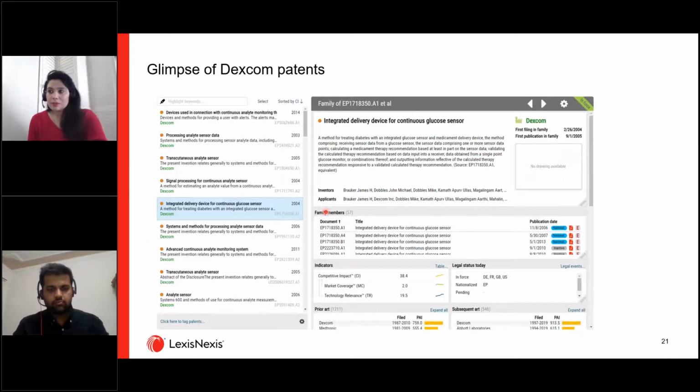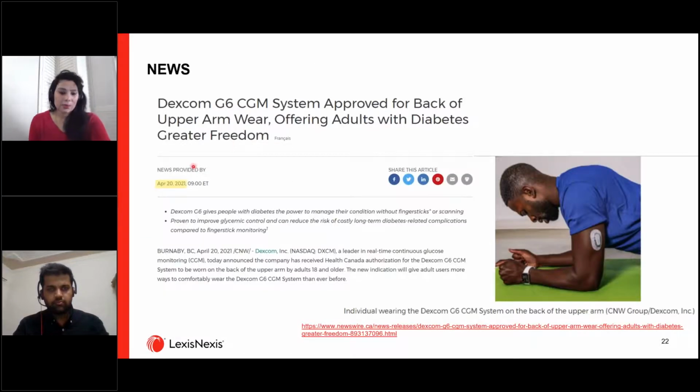When we look into the news, this is again 2021 news. Dexcom has got approval to bring this patch that can be worn on the upper arm for the assessment of glycemic control. So no more finger pricking to check your glucose level.